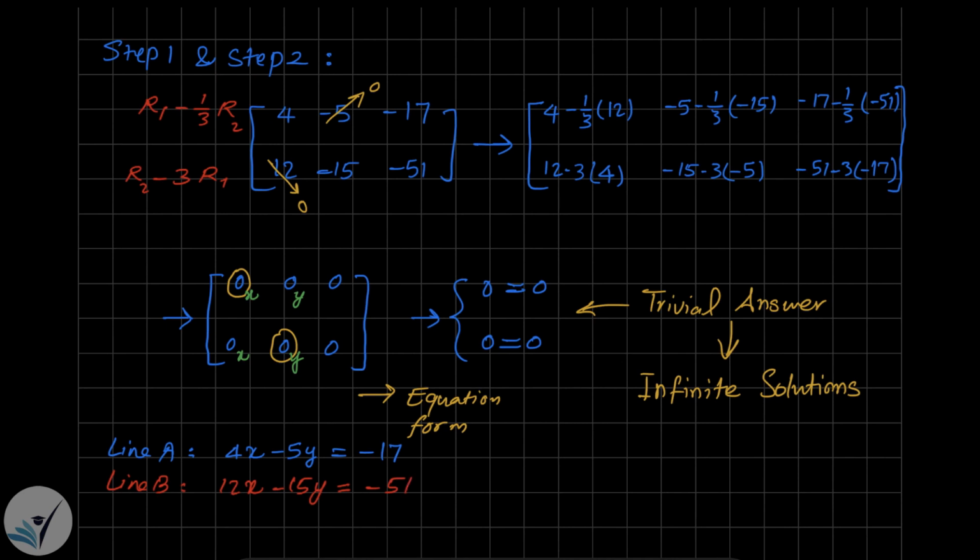We can divide these multipliers by 3, and we would get 4x minus 5y equals negative 17, and this is exactly the same as the equation that we have for line A. This shows that the two lines, line A and line B, are overlaid, and that's why we got infinite solutions, because these two lines have an infinite number of intersections.